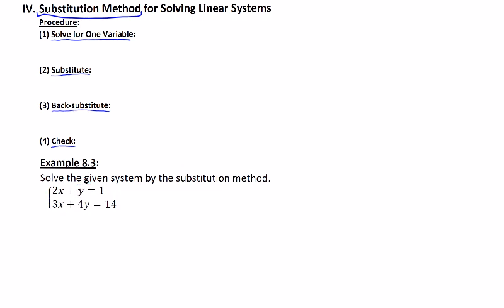So for example, let's say that we don't choose this variable to solve for. Let's say that we solve for this x. Indulge me for a moment. If we were to do that, we would end up having 3x is equal to 14 minus 4y, and then divide everything by 3, and we're going to get x equals 14/3 minus 4/3 y.